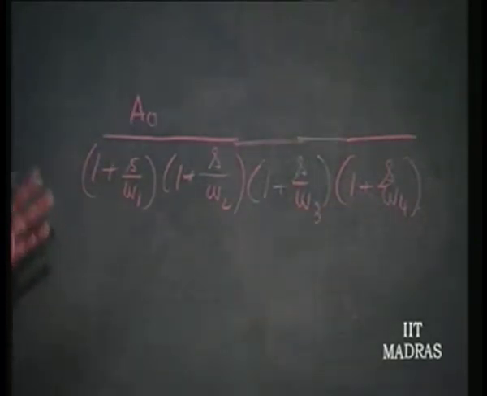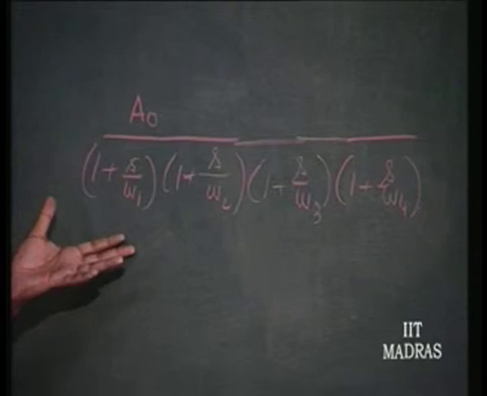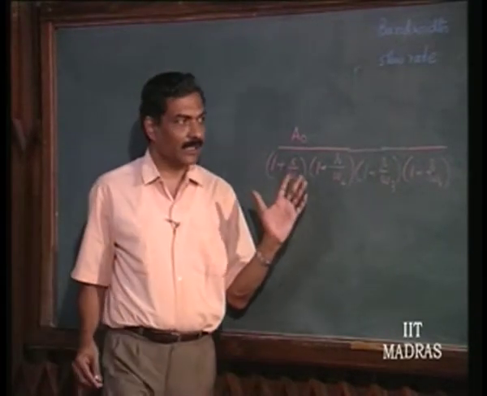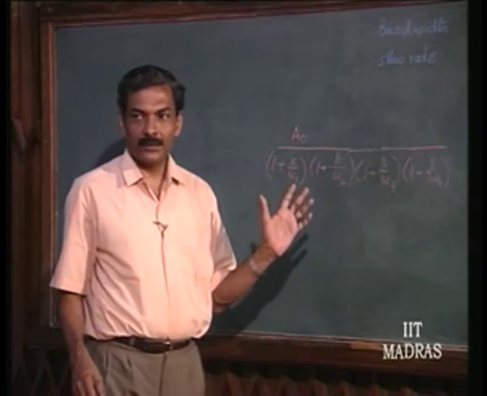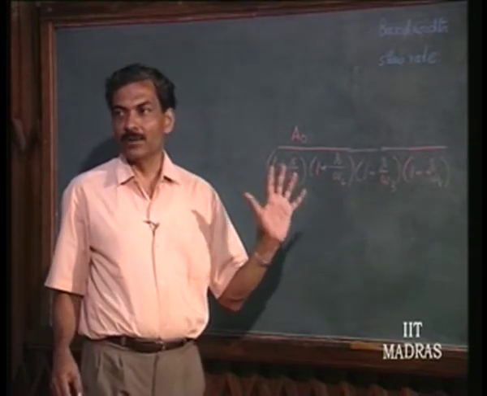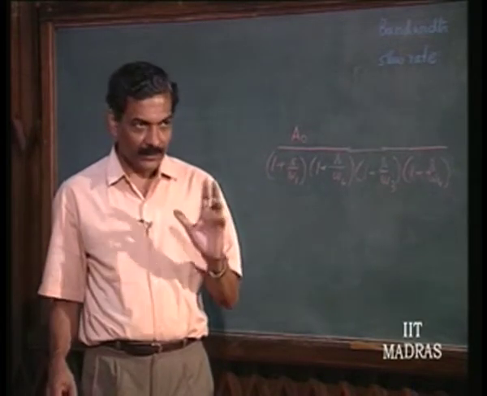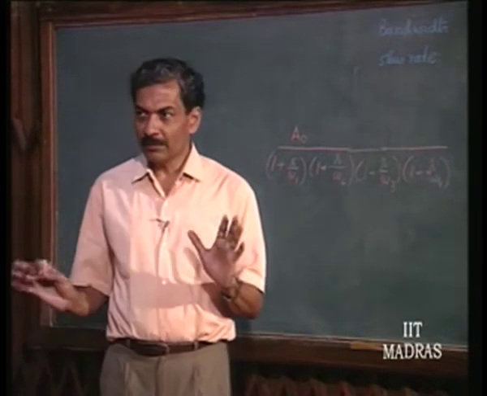In practice, for a general purpose op amp like 741 or 747, the first corner frequency occurs at about 1 megahertz. F1 is going to be around 1 megahertz.